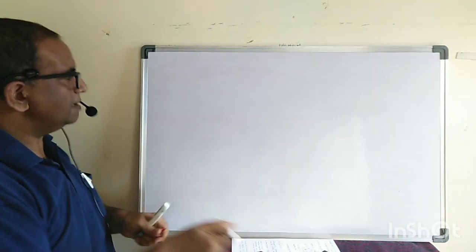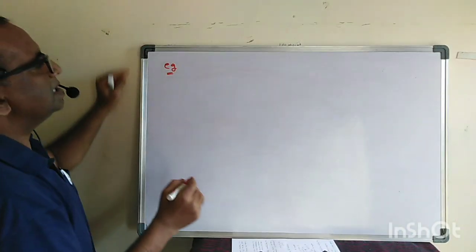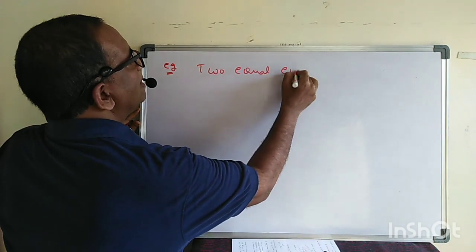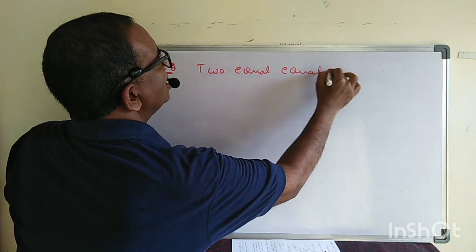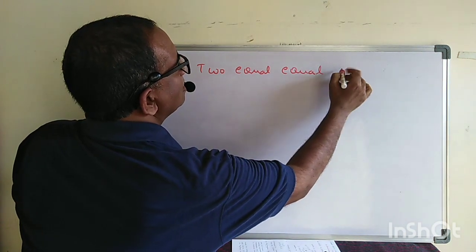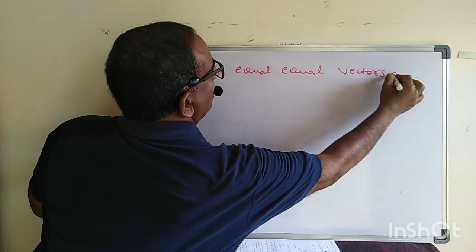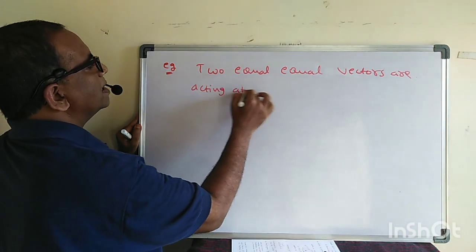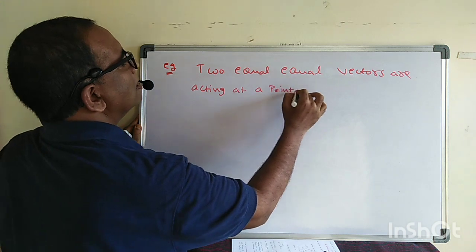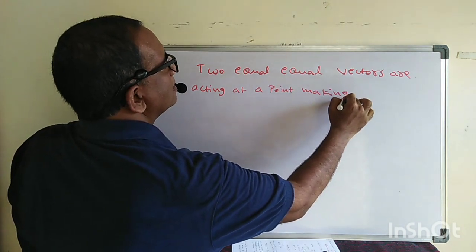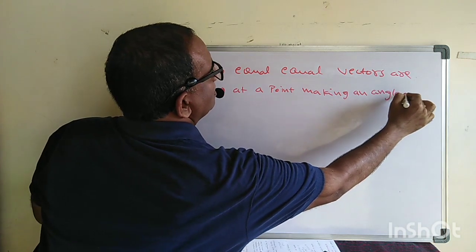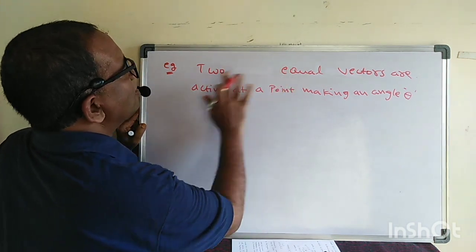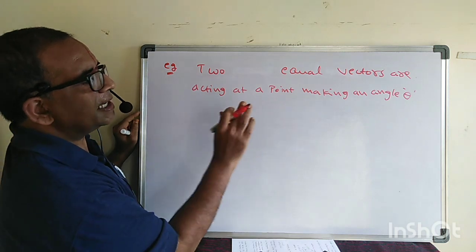Now see this question. Let us say two equal vectors are acting at a point making an angle theta.